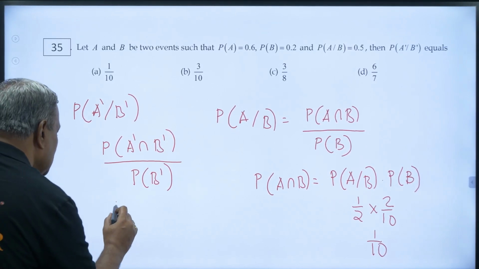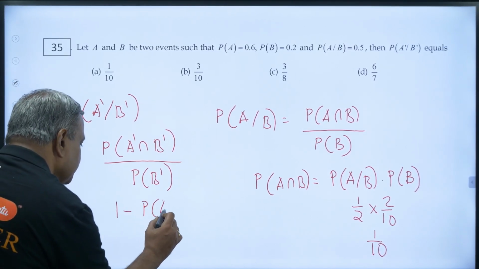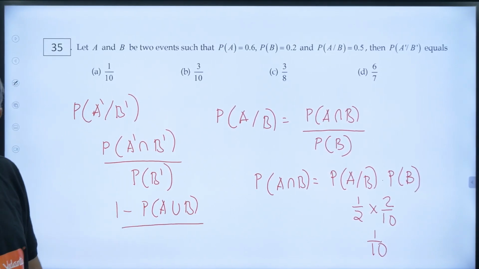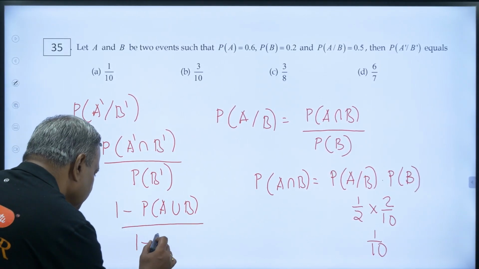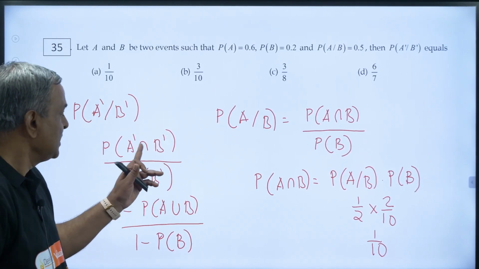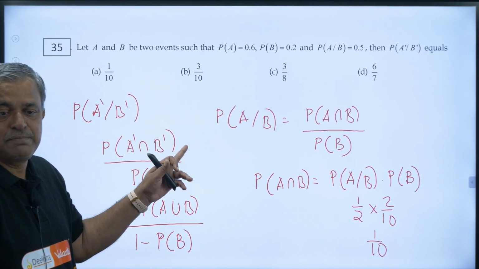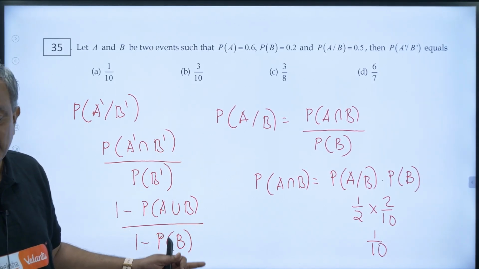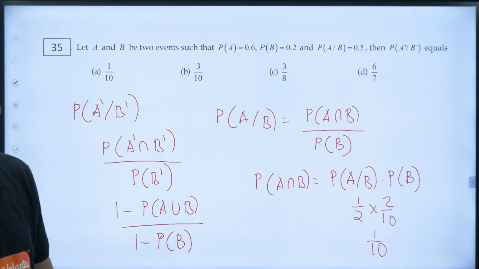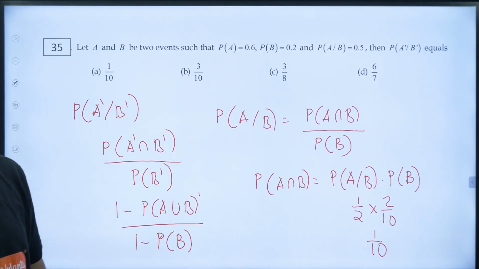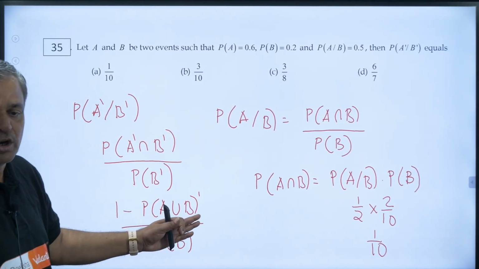This is nothing but 1 minus P of A union B, by P of B bar, that is 1 minus P of B. So you studied De Morgan's law: A dash intersection B dash, or A complement intersection B complement, is A union B whole complement. So what is A union B whole complement?